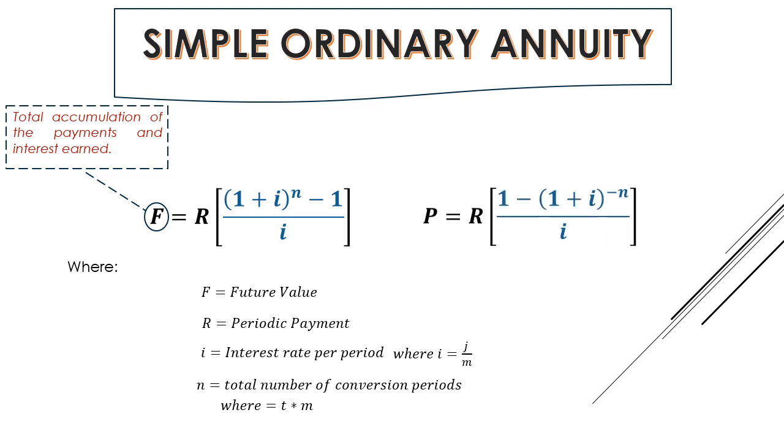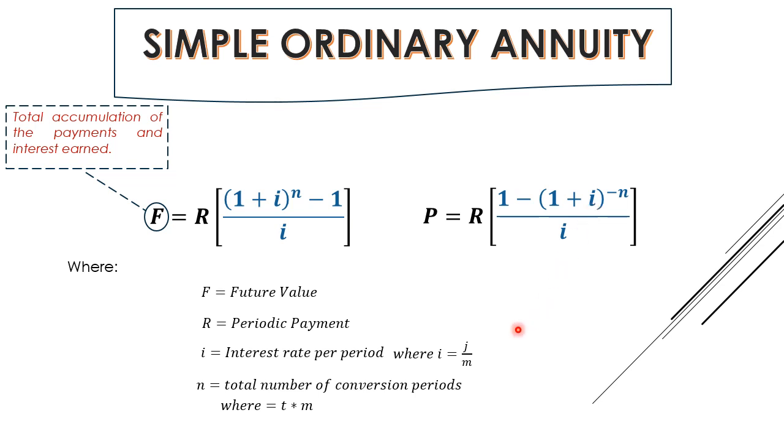And we have the present value, since not all the time you are asked to find the future value. Sometimes you're asked to find the present value. The formula for the present value is A equals R, still the periodic payment, times 1 minus (1 plus i) to the power of negative n, over i.